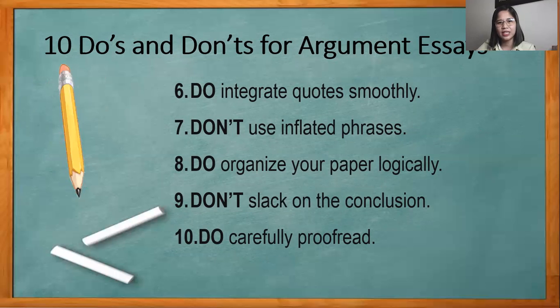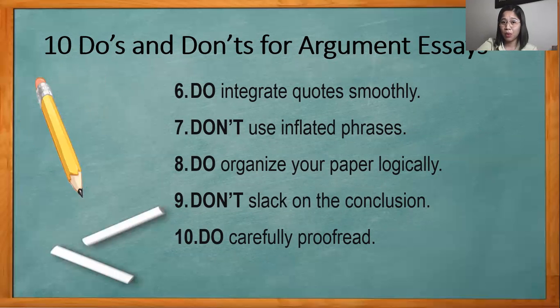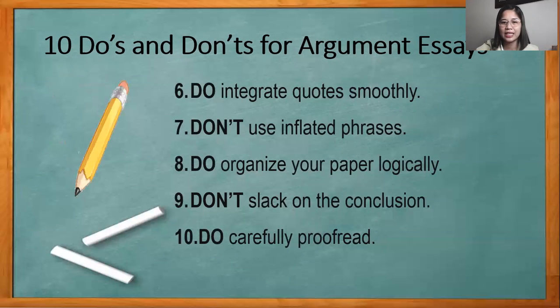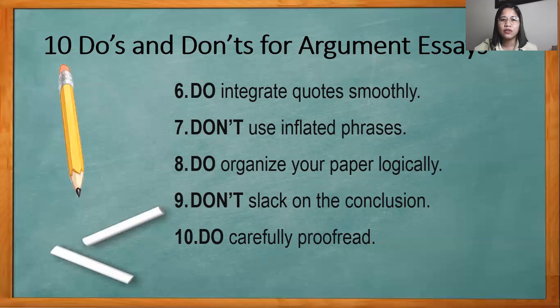What are inflated phrases? These are phrases, though somehow acceptable, that are long. Instead of using inflated phrases, why not use simple ones? Say, for example, at this present time, so that is the inflated phrase. So we will not use at this present time.